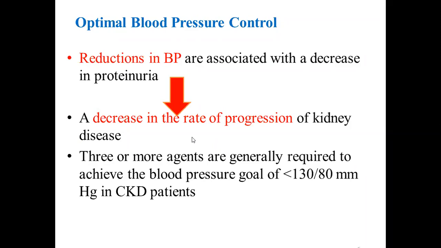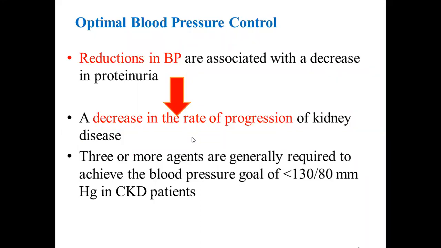If the potassium level is very high, you have to hold the treatment. Otherwise, it is not an absolute contraindication. The slide I mentioned before was just a general reminder to monitor the potassium level.